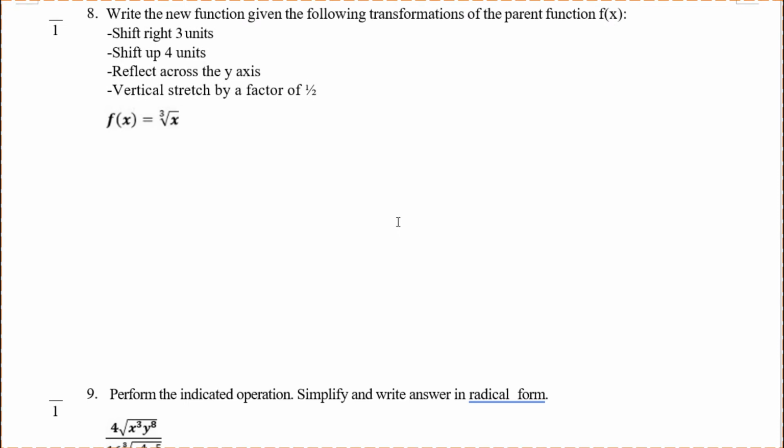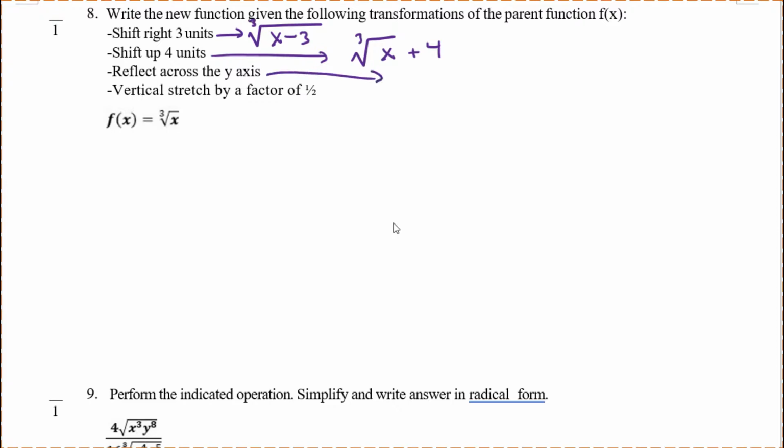Write the new function given the following transformations of the parent function. So we are going to shift to the right 3 units. So shifting right 3 units means it's going to have a minus 3 on the inside, right? Shifting up 4 units means we're going to have a plus 4 on the outside.